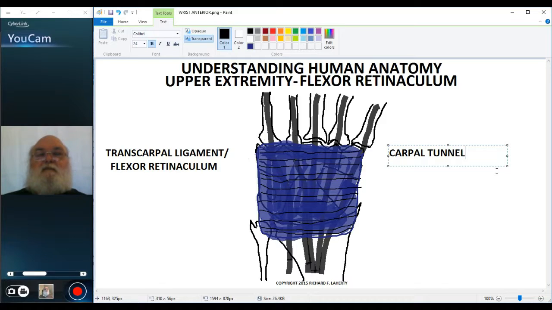And this becomes significant when you get an inflammation in the tunnel. And whenever you have inflammation, you get swelling. The swelling puts pressure on the nerves and causes pain.